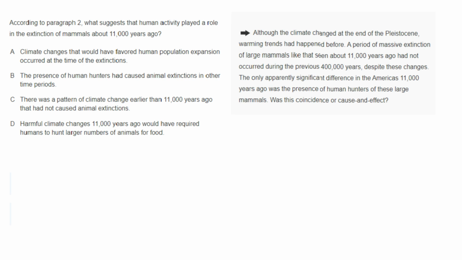Question 2. Let's look at this question. It asks what suggests that human activity played a role in the extinction of mammals about 11,000 years ago. This clearly asks us to infer under what conditions we can conclude that humans killed the mammals. Since this is a short paragraph and each part has a role in the argument, let's read the relevant paragraph first.